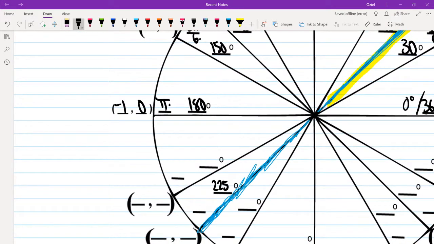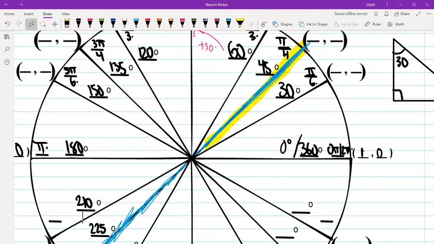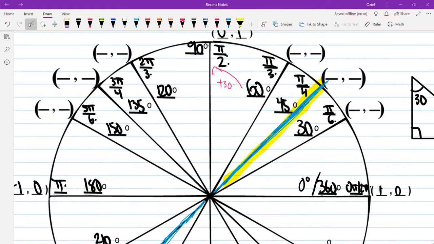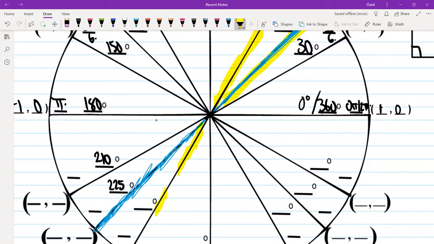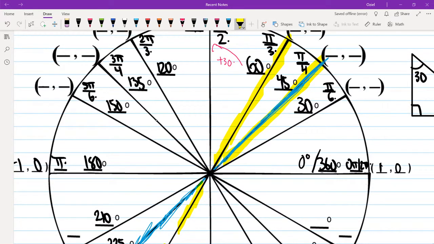And then for 30 degrees, you would add another 180. So this would be 210. And then for 60 degrees, you know that 60 is right here, so it corresponds to this side. So then you're going counterclockwise a half of a circle, so it's going to be plus 180.